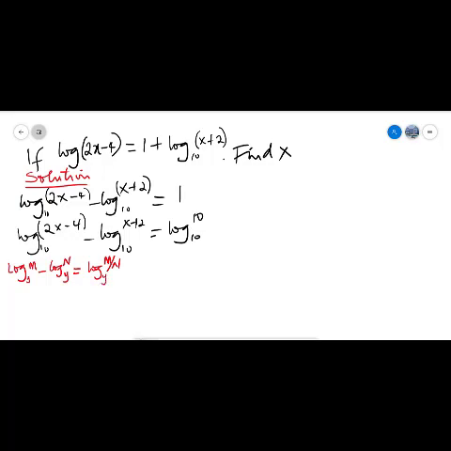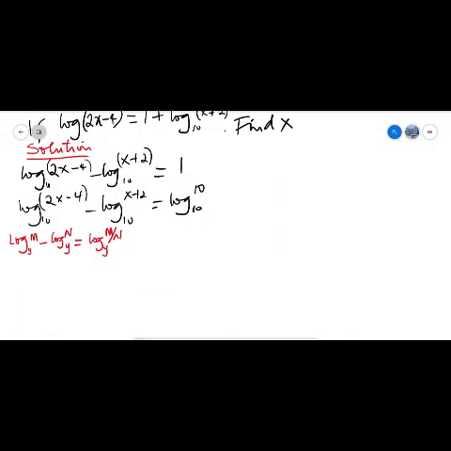So if you remember that, you will now know that this is going to be log (2x minus 4) over (x plus 2) equal to log 10 base 10. Okay, we cancel out the log, then we'll have that (2x minus 4) over (x plus 2) is equal to 10.